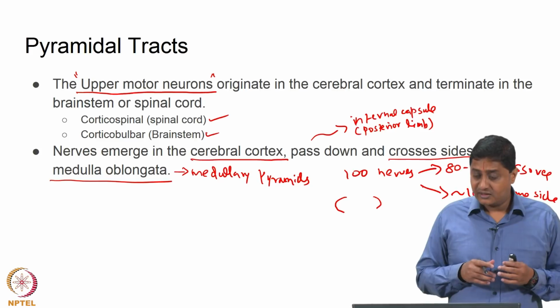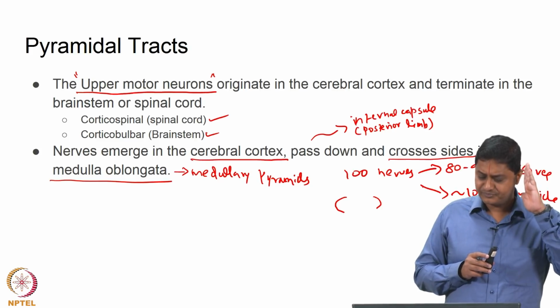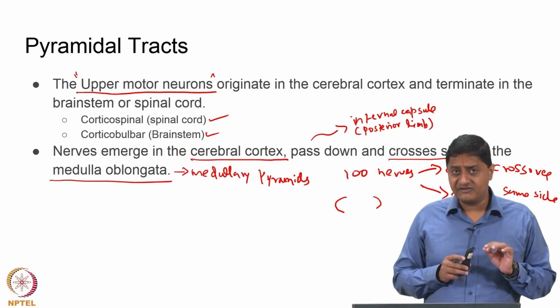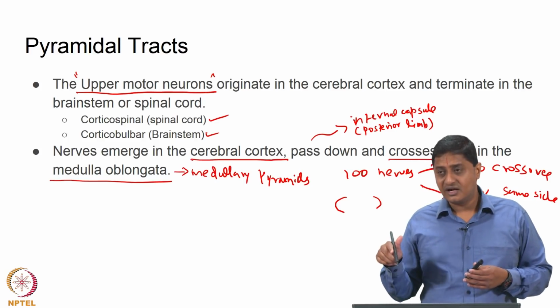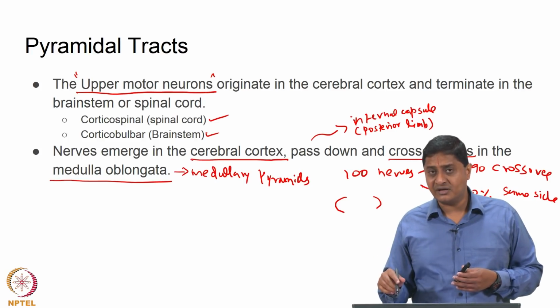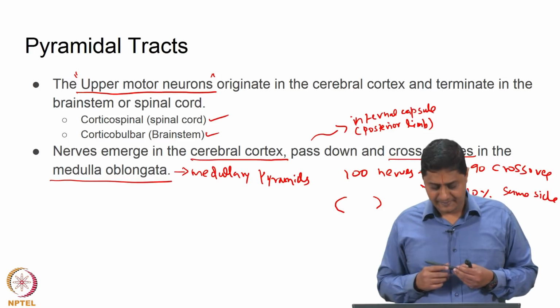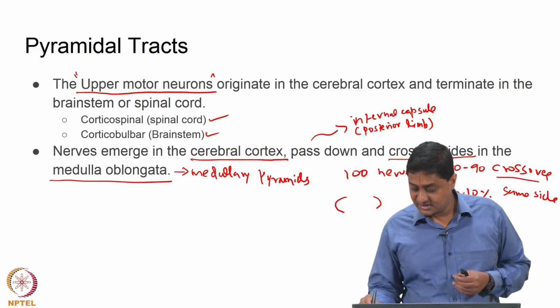Okay. Now, those that originate on the left side of the brain, of the cortex, reach the medulla on the left side, and then at the pyramids they cross over to the right side, go down to the spinal cord and control function of the right side of the body, right. So, this crossing over is called decussation.